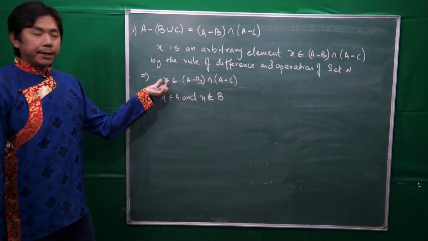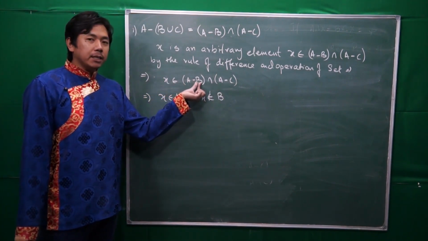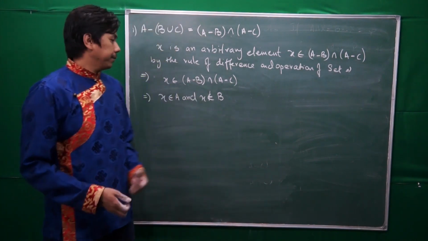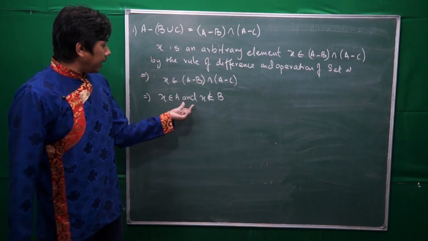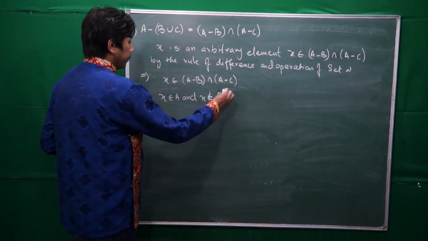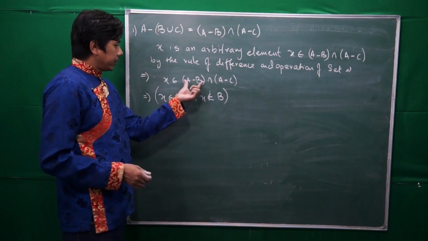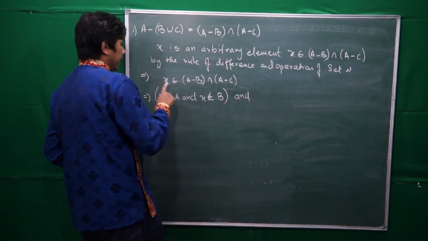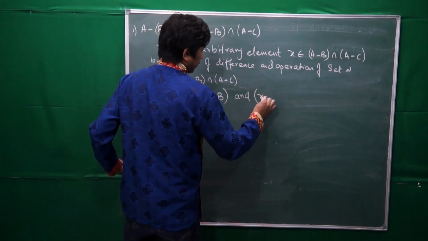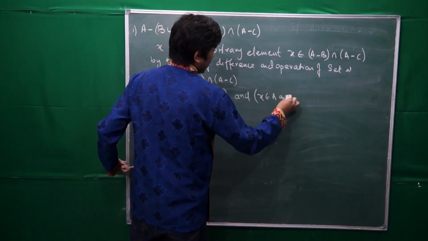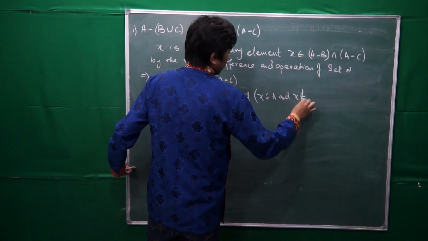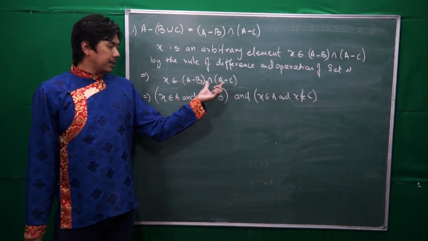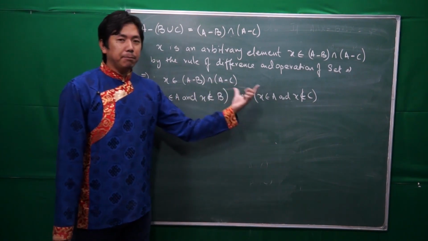As you can see clearly over here, X belongs to A minus B. Minus B means the B elements are being removed from the set. Okay. So since X belongs to A and X does not belong to B, this is my first bracket. Now intersection, and again, X belongs to A and X does not belong to C. Now I'm breaking this down step by step.